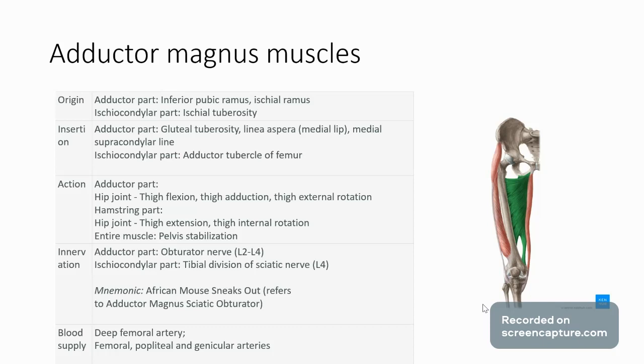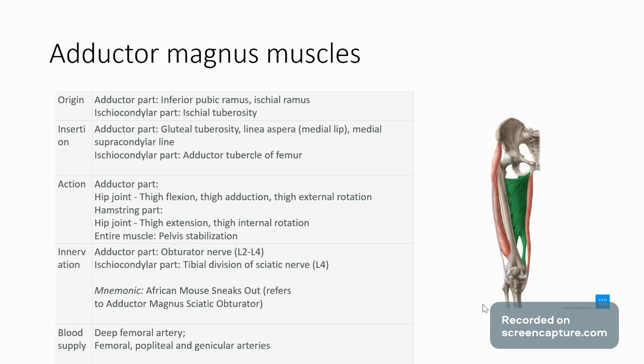Innervated through the obturator nerve, L2 to L4, and in the ischiocondylar part, the tibial division of the sciatic nerve reaches through L4. The mnemonic is that the adductor magnus is a sciatic obturator region muscle.